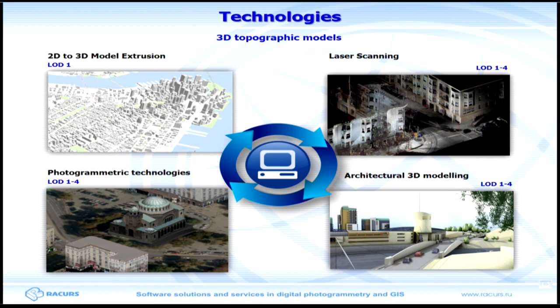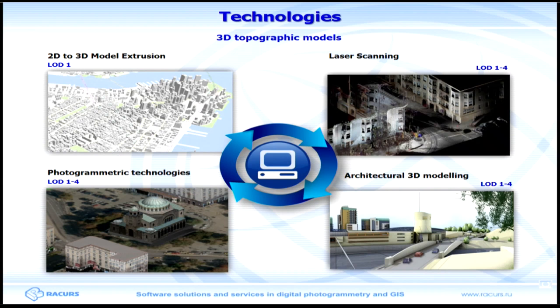Then came laser scanning. But speaking about the present day, photogrammetric technology has gotten ahead of laser scanning, and the density provided by photogrammetry is bigger, greater than laser scanning.